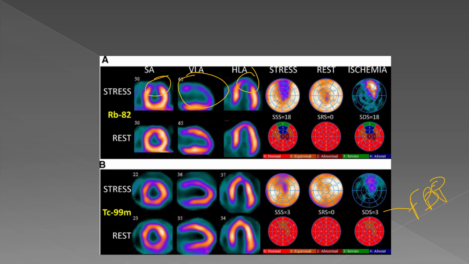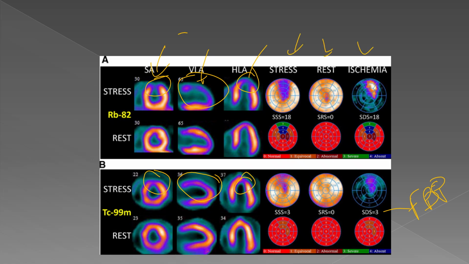And it has a tendency to sometimes place counts where they don't really need to be. Even though you see it a little bit, it's not near as noticeable as it is when you look at the PET study. This one would probably get read as normal on the SPECT study, but on the PET study, it's very obvious that there's ischemia there.